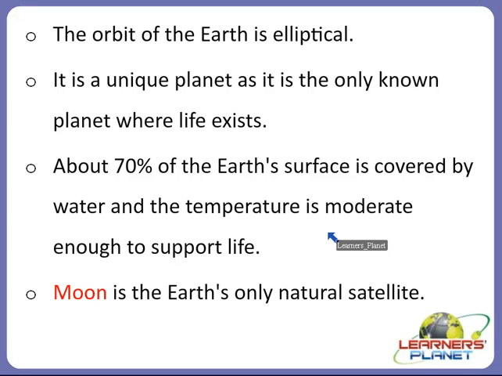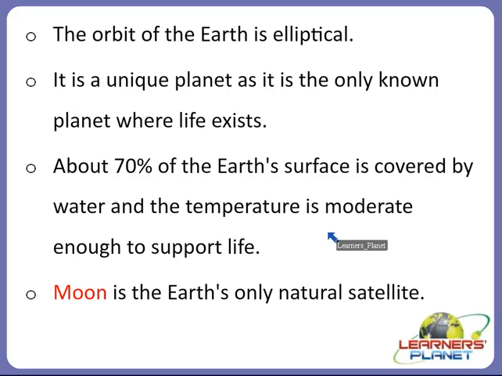On Earth's surface there is only about 0.03% carbon dioxide. 78% nitrogen is present and 21% oxygen is present, right? So because of these constituents of air which make up the atmosphere of the Earth, and the ozone layer which is present to protect us from the ultraviolet rays of the sun.